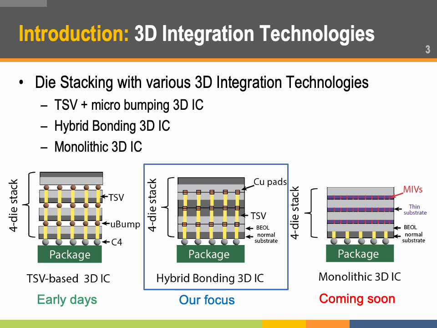The dies are sequentially fabricated on top of each other and connected using monolithic intertier vias. This process requires substrate thinning and is still under development. This work focuses on hybrid bonding 3D ICs, a technology that has been commercialized in products such as Intel Foveros and the AMD 3D V-Cache.